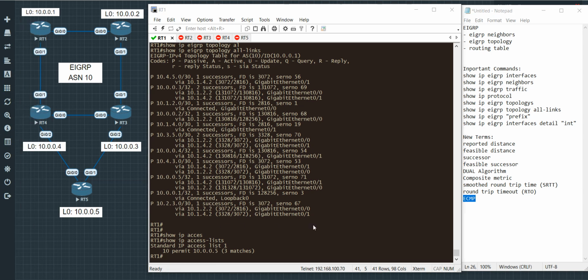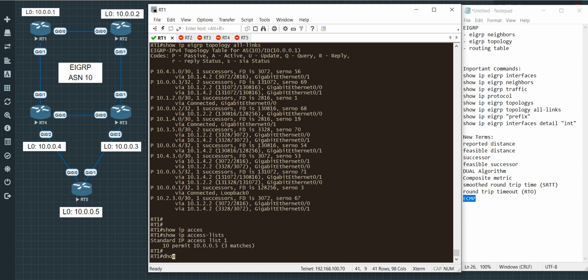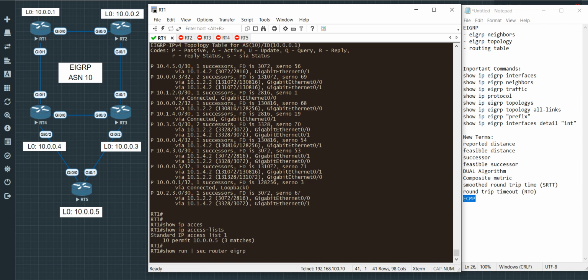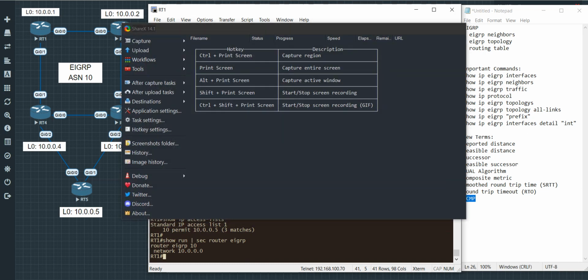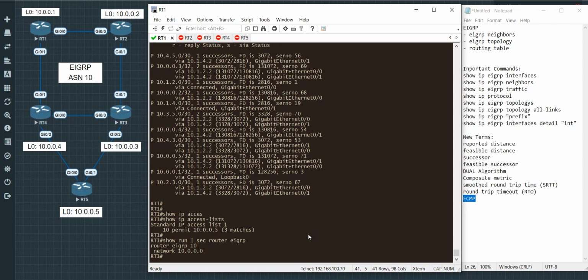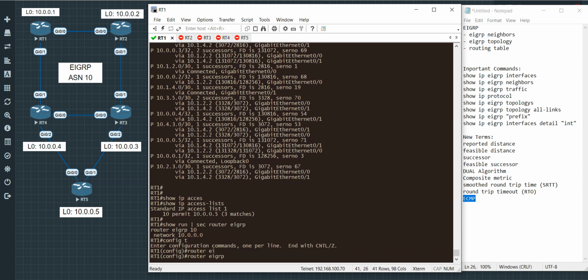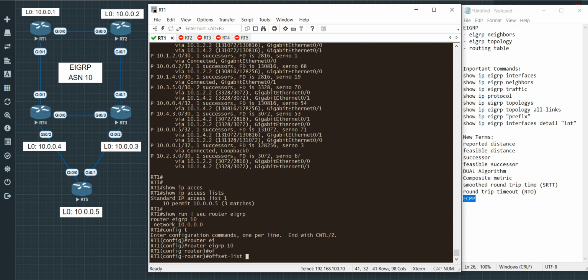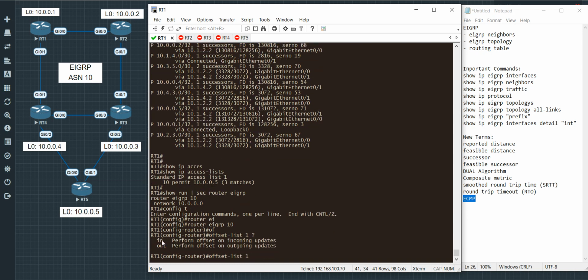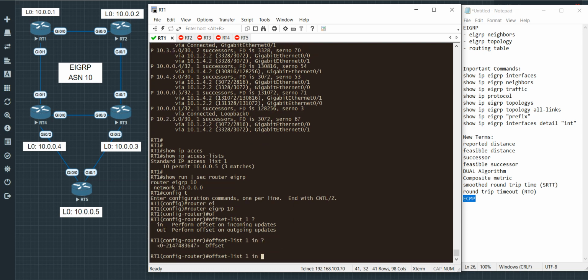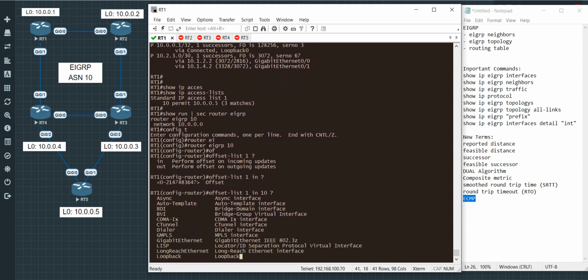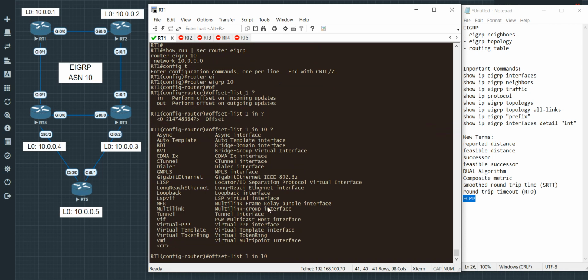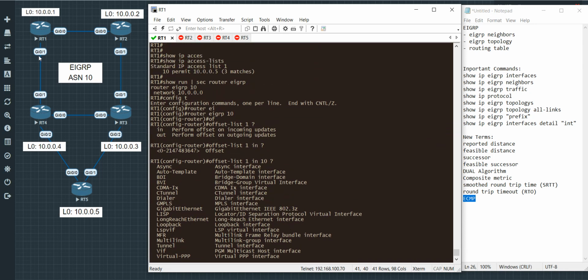And so we can go into our configuration, we'll use the offset-list, and our access list is 1, and then we want to influence the inbound updates, and we want to offset it by 10, and then we want to specify the interface, and in this case gigabit 0/1.